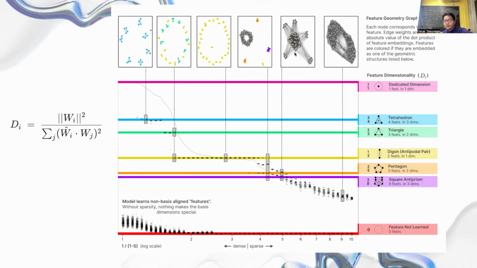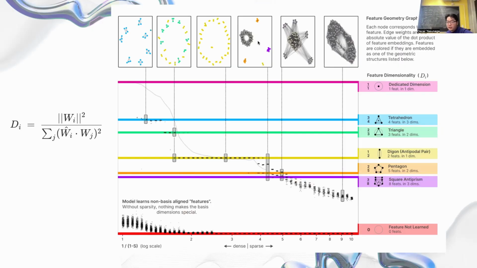One thing that the authors say is that you have this co-occurrence between a triangle geometry and a digon around here. And as you transition between different sparsity levels, there are going to be a lot of co-occurrences.